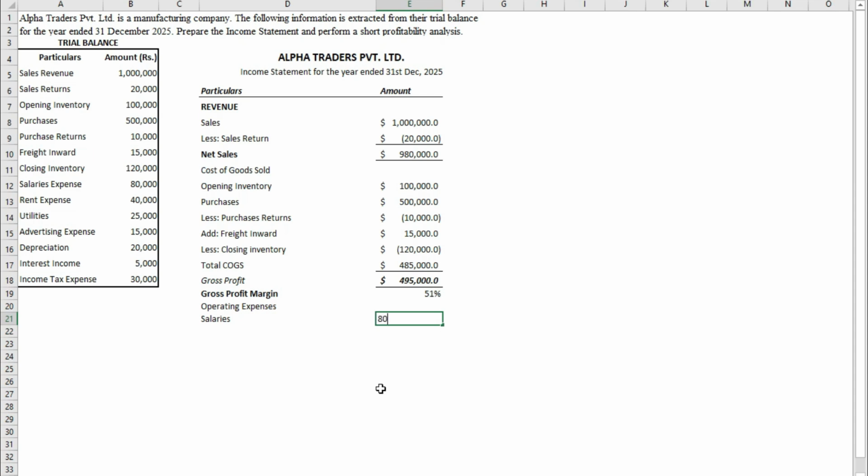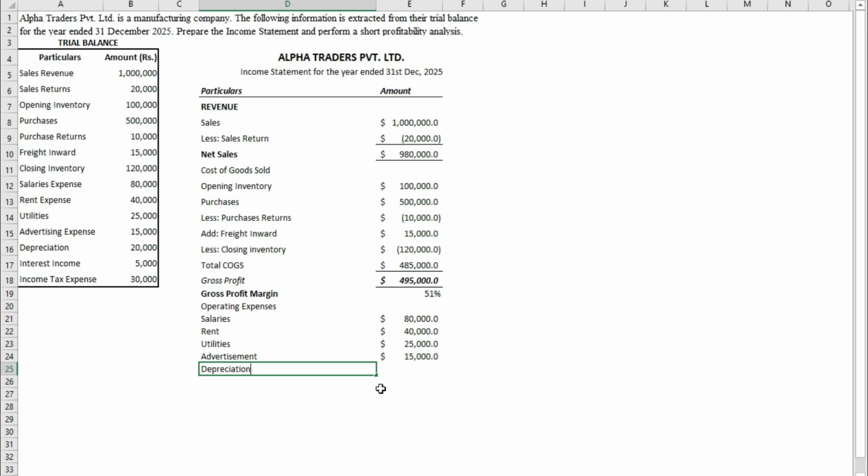So salary expenses are 80,000 first, and then we have the rent, which is 40,000, and the utilities, these are the bills, and we have 25,000, and some of the marketing, advertisement. Without the marketing nothing works, so this is 15,000 for our advertisement, as well as depreciation.